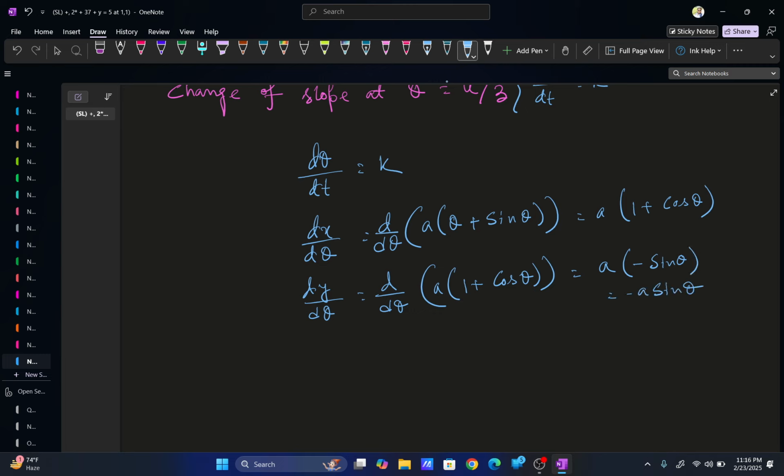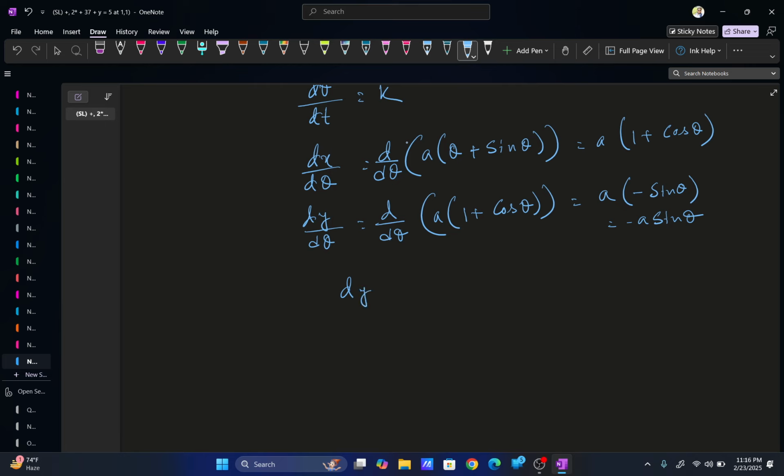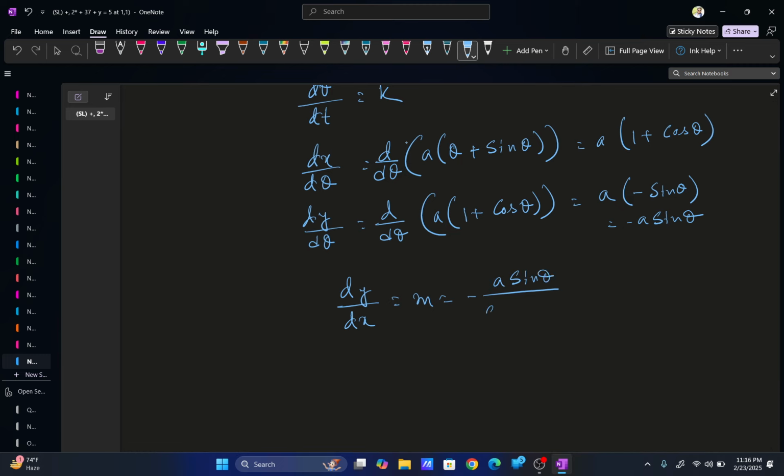So what is actually dy/dx, the actual slope? The slope is basically minus a sine theta over a(1 plus cos theta), so this is minus sine theta over 1 plus cos theta.